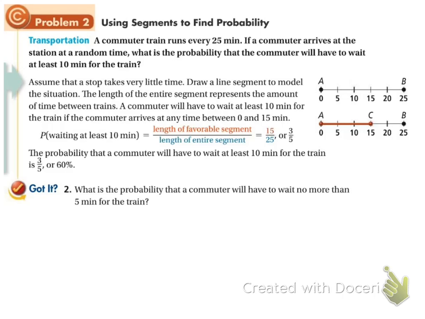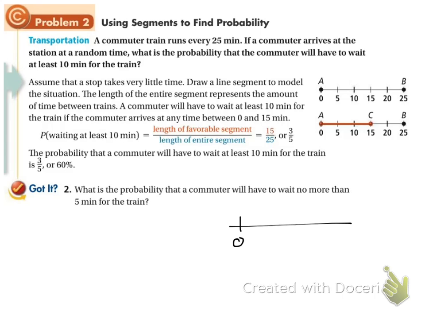Okay, so a commuter train runs every 25 minutes. If a commuter arrives at the station at a random time, what is the probability that the commuter will have to wait no more than 5 minutes for the train? If we're talking about no more than 5 minutes, we're talking about waiting 5 minutes and less.